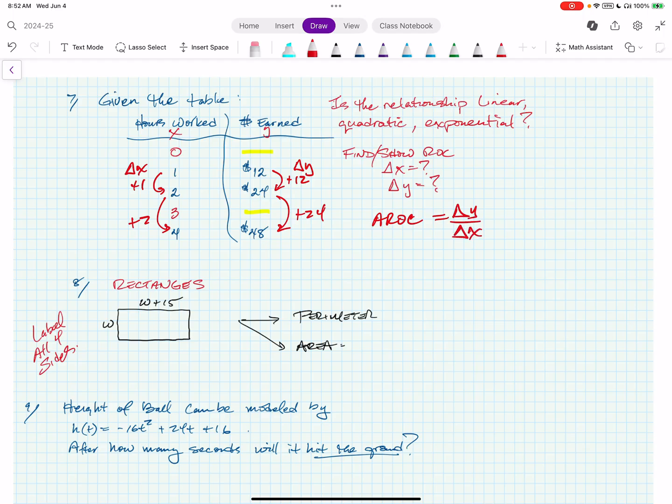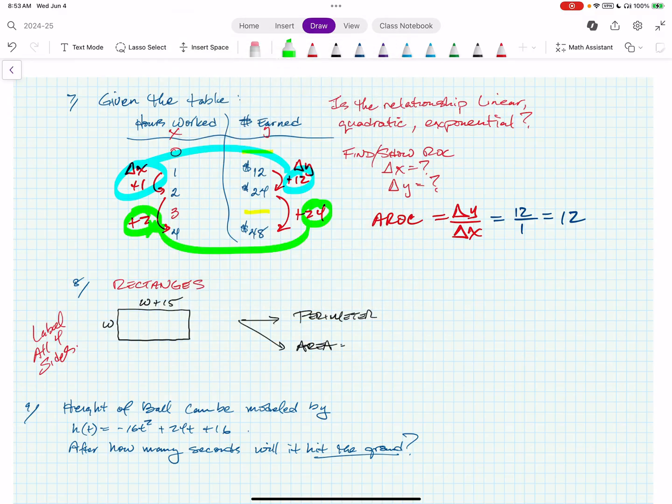And so if you take the 12 and you divide it by the 1, you get 12 here. So 12 divided by 1 is 12. So the rate of change is 12 here. Or you can take this one here, and to see if it's actually linear, the rate of change better be constant. So here, you take 24 divided by 2, and if it's the same as 12, then guess what?